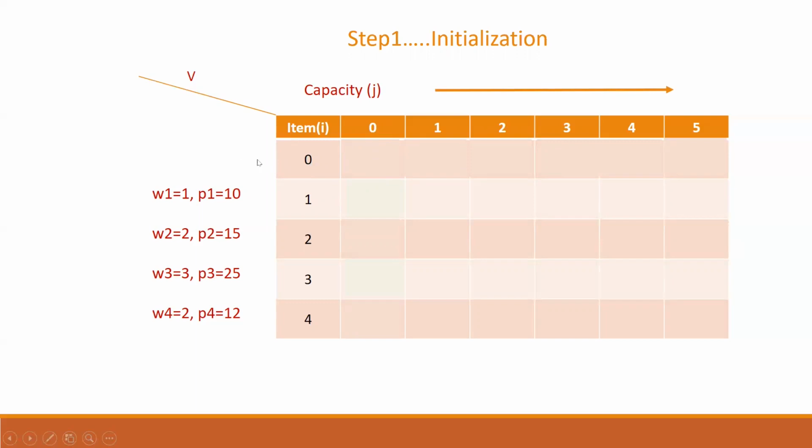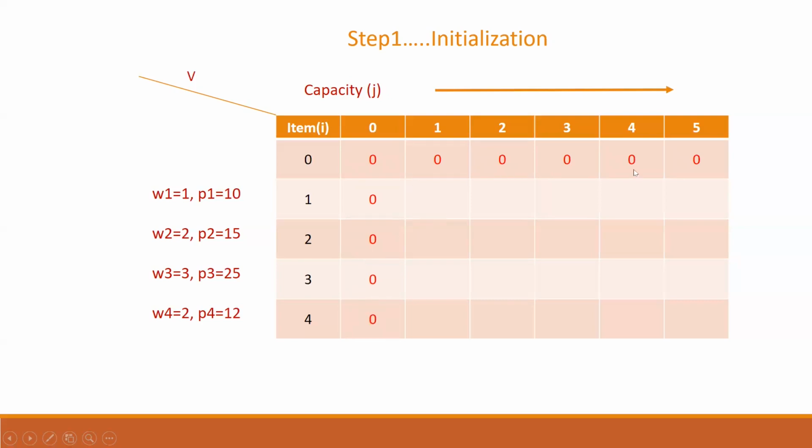So here, if none of the items is selected, in all the knapsack capacities, either if the bag is 0 kg or 1 kg or 2 kg, 3 or 4 or maybe 5, the profit is 0 only. So that's why here we are filling 0. Similarly, the first column, that is the 0th column, here if the knapsack bag is having 0 capacity, which can hold none of the items, so here the items also filled with 0.